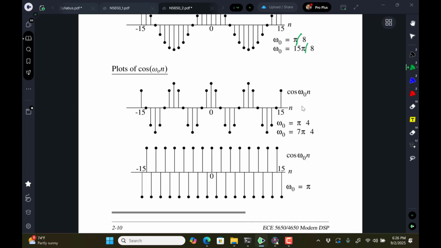And then here's just another example. Here, the notes didn't come out right, or maybe this program isn't rendering properly, but pi over 4 and 7 pi over 4. So you can just factor that out.